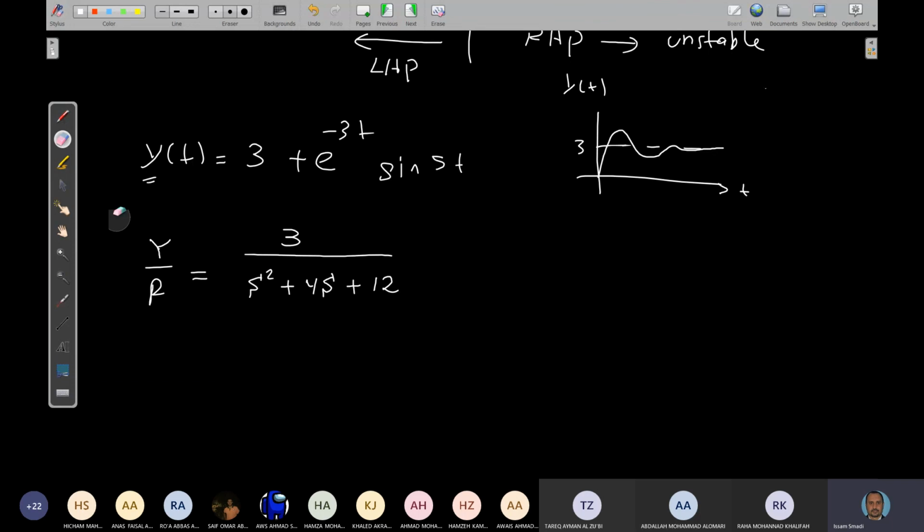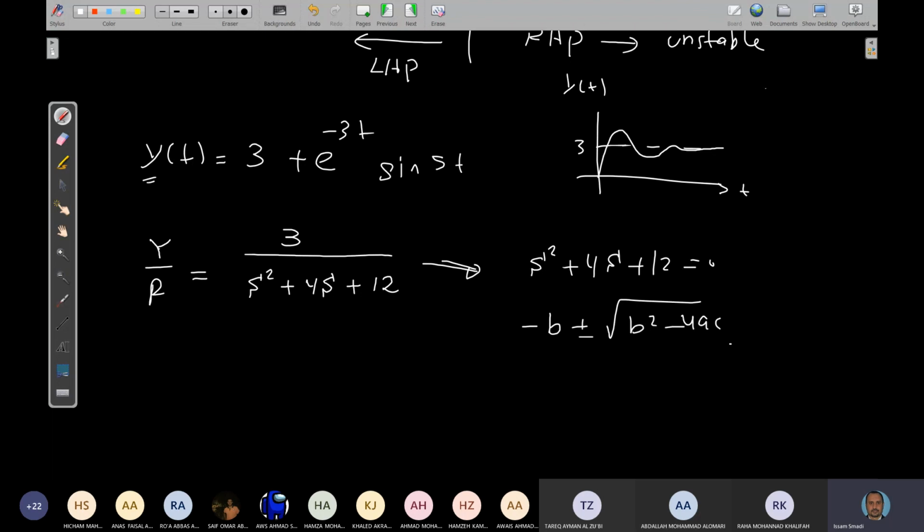Now, is this one stable or unstable? For this one, to know if the system is stable or unstable, I need to find the roots. I need to evaluate s squared plus 4s plus 13 equal to what? Now, if I evaluate according to the closed form solution, minus b plus or minus the square root of b squared minus 4ac over 2a, this will equal minus 2 plus or minus j3, correct?